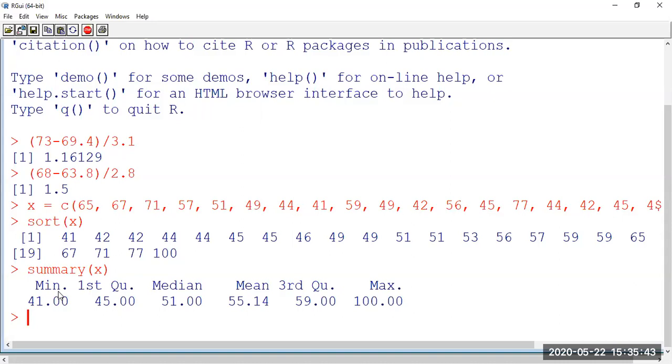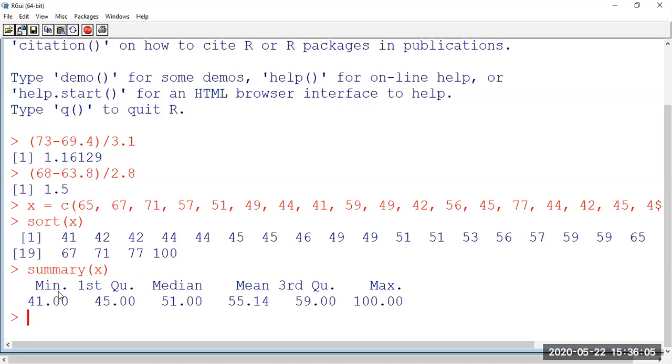So I have the minimum value now. I'm going to write this in my notes. The minimum is 41. Then the first quartile is 45. Then I have the median, which is the second quartile, 51. Then I have the mean.